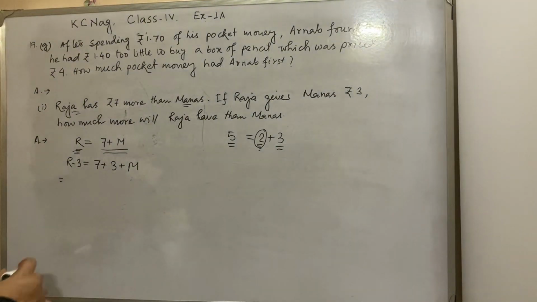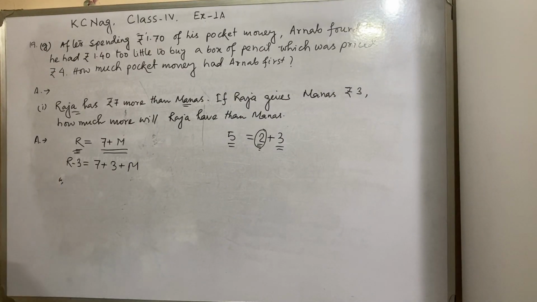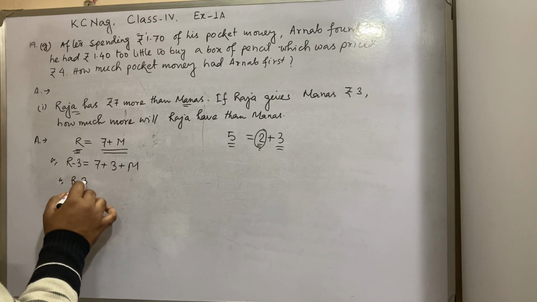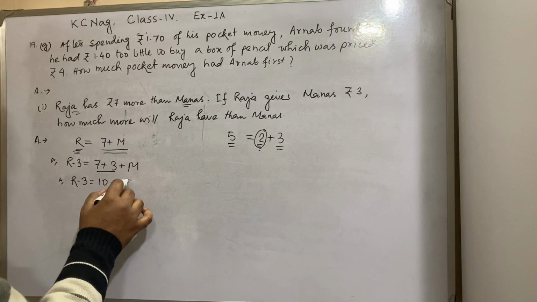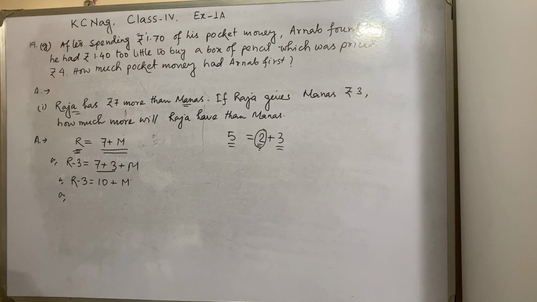Okay, so here, or if you want to solve it like in the previous one, R minus 3, 7 plus 3, 10 plus M. Just do this in the homework, okay?